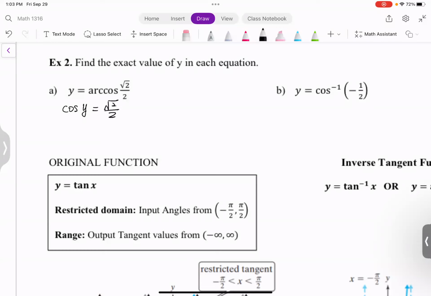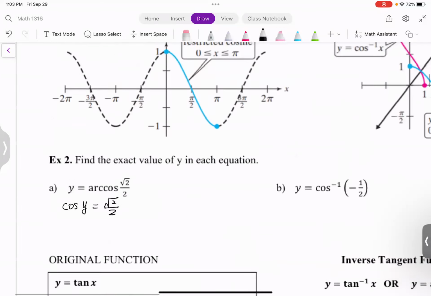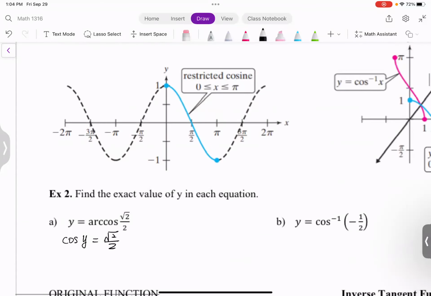Where is the y? It is between 0 and pi. Using the unit circle, from initial to 2 pi, these two quadrants from 0 to pi, because this is pi.